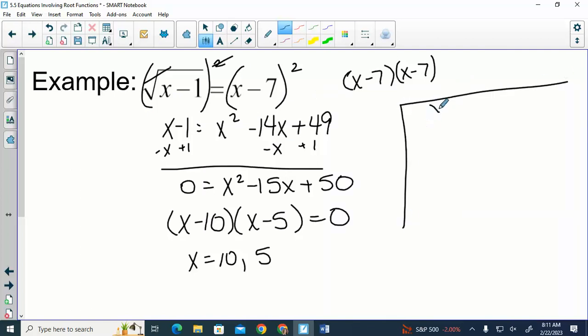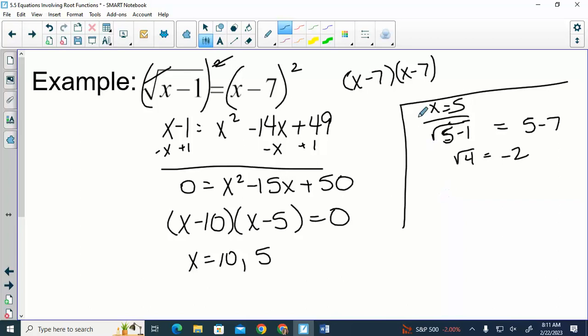So, if we check the 5, we get the square root of 5 minus 1 equals 5 minus 7. So we have the square root of 4 equals negative 2.